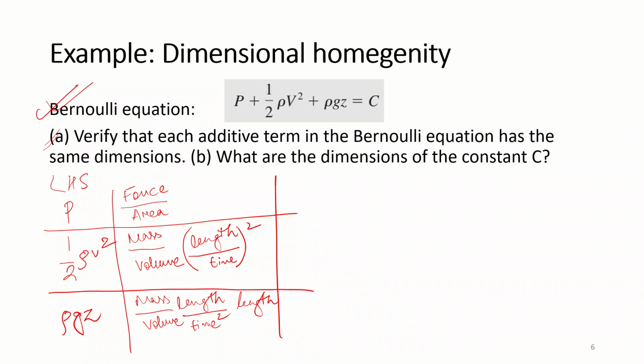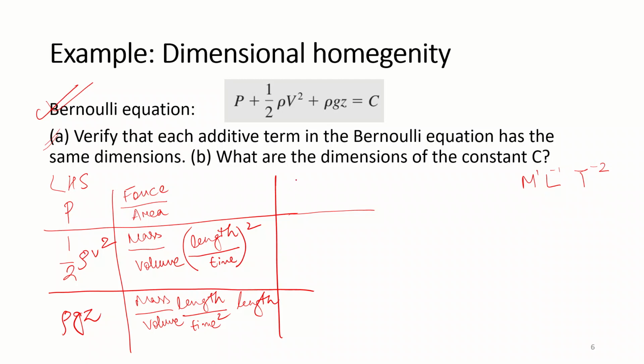So you have all solved it? Yes, sir. What's coming? M L minus 1 T minus 2. M has power 1, L has minus 1, T has minus 2.